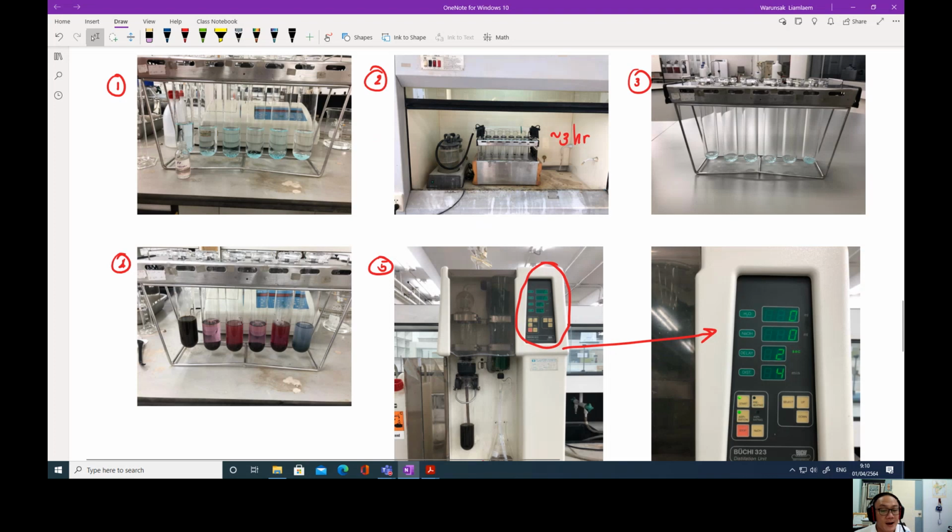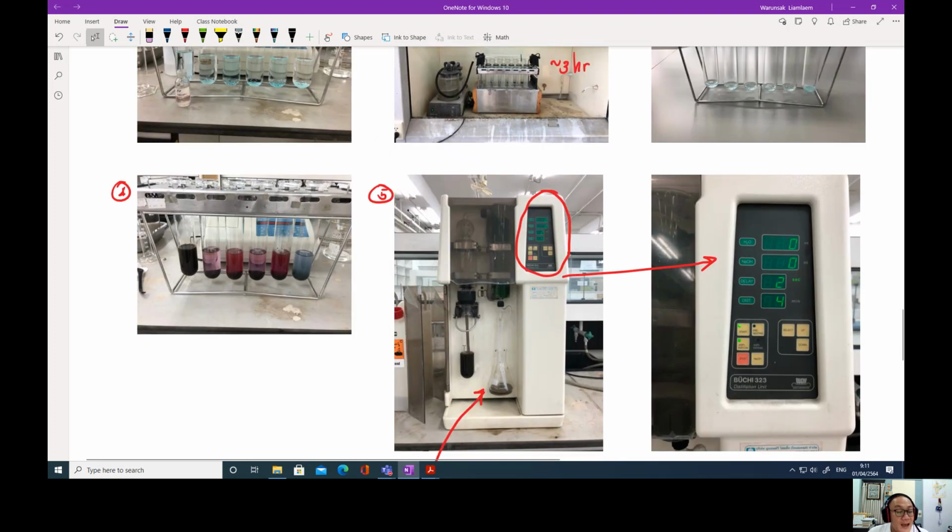That is why, before doing the distillation, we have to add a certain amount of sodium hydroxide so that the pH is greater than 8. The ammonia can be stripped efficiently if we maintain the pH greater than 8, or approximately 9.5.